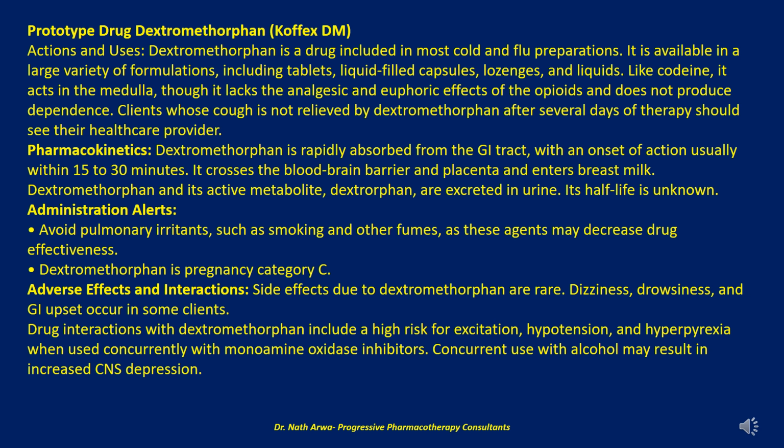Dizziness, drowsiness, and gastrointestinal upset occur in some clients. Drug interactions with dextromethorphan include a high risk for excitation, hypotension, and hyperpyrexia when used concurrently with monoamine oxidase inhibitors. Concurrent use with alcohol may result in increased CNS depression.